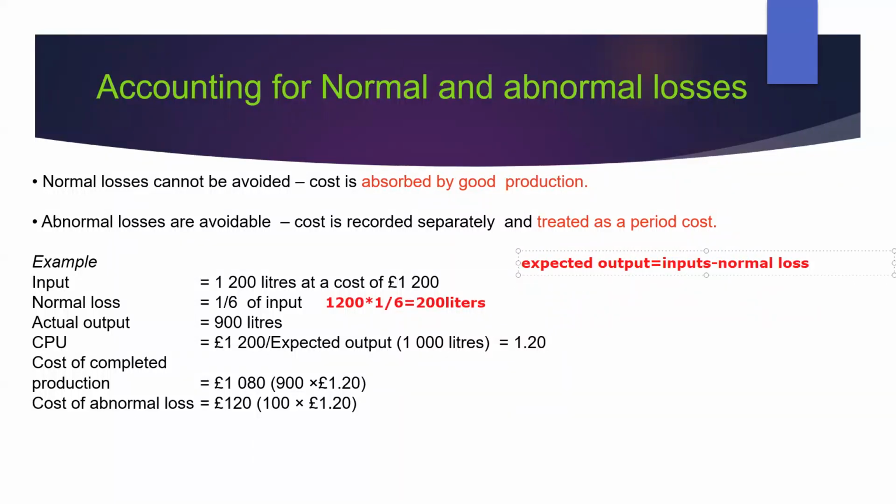So here as the input, we have inputted 1200 liters. Then the normal loss is 200 liters. So the expected output here is 1000 liters.